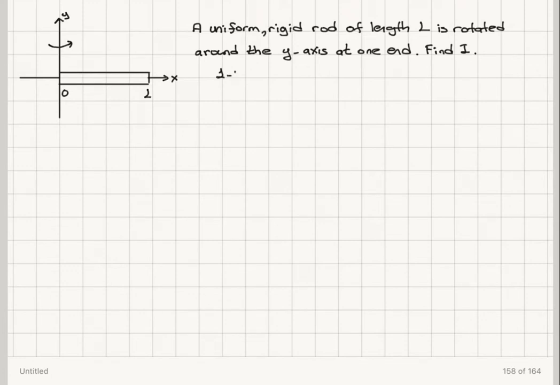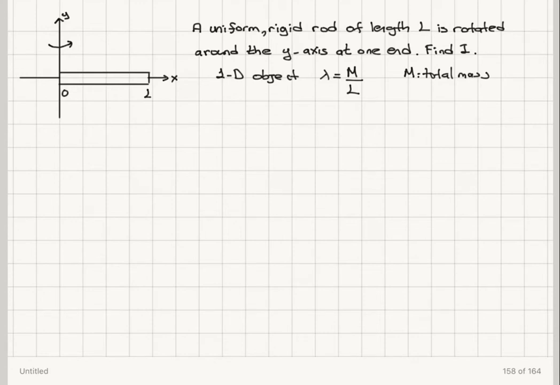First of all, I have to note that this is a one-dimensional object. So it has a uniform mass distribution lambda, and if the total mass of this rod is m, then m over L will be its mass density. So I call m total mass.